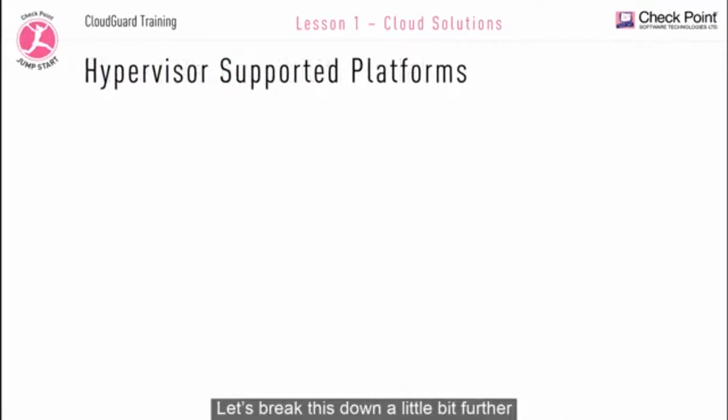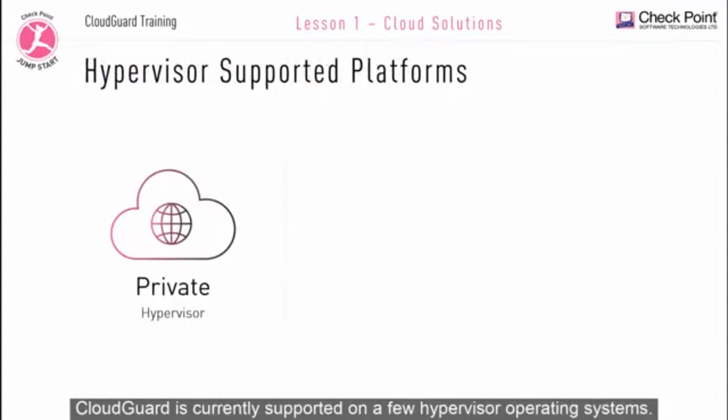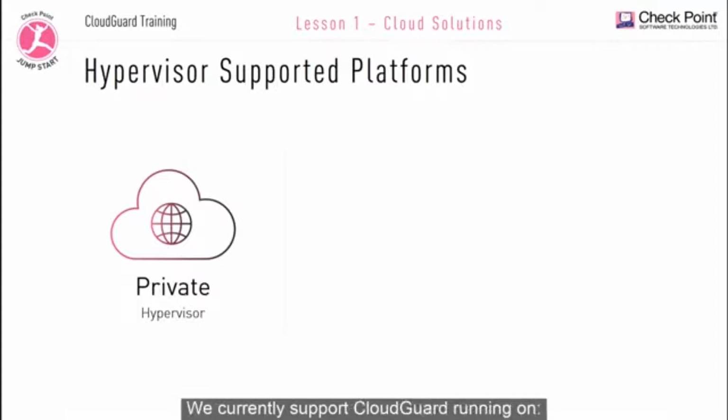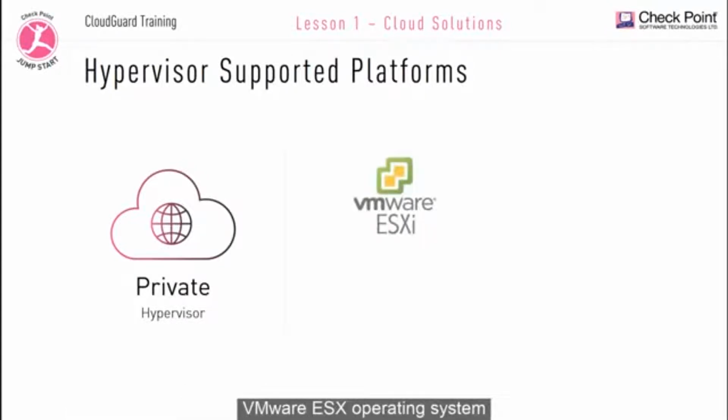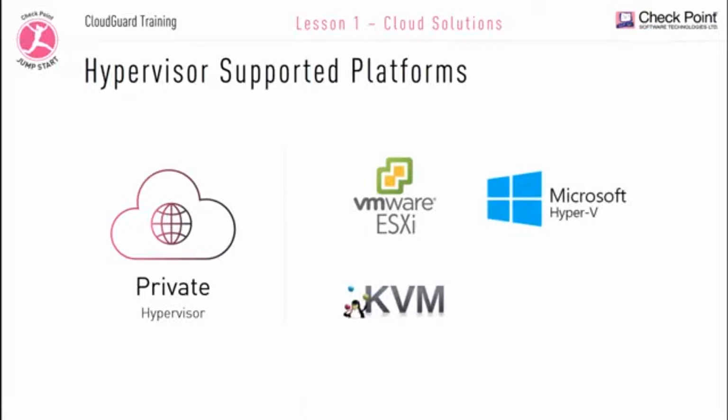Let's break this down a little bit further. In the hypervisor methodology, CloudGuard is currently supported on a few hypervisor operating systems. We currently support CloudGuard running on VMware ESX operating system, on Microsoft Hyper-V operating system, on Linux KVM, and also on Unix.